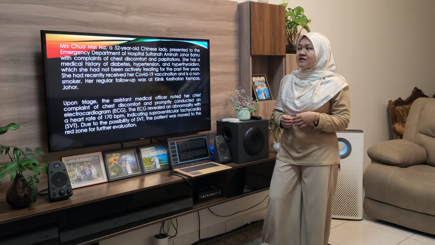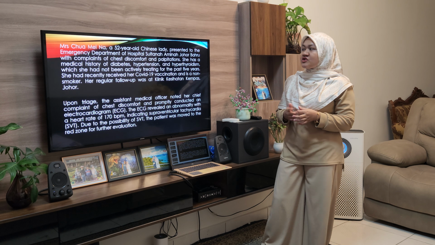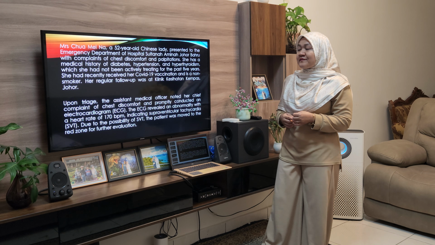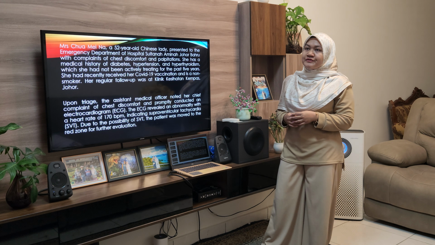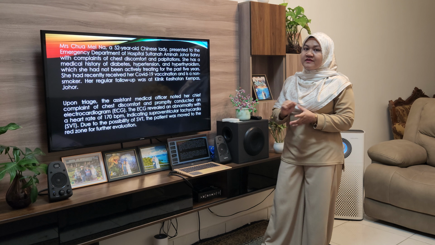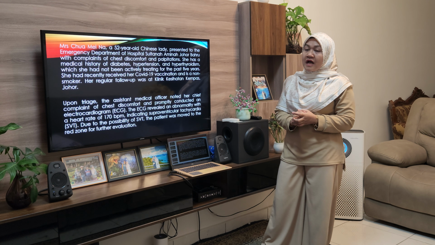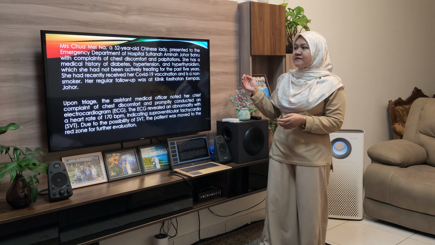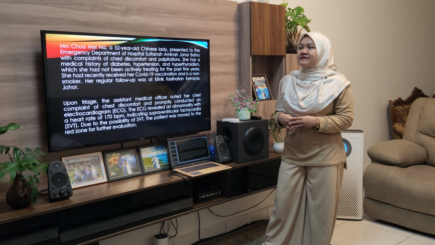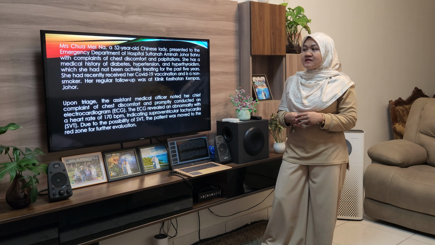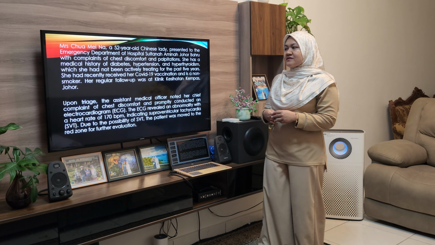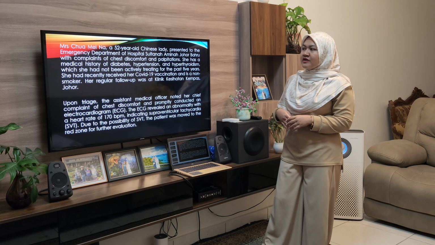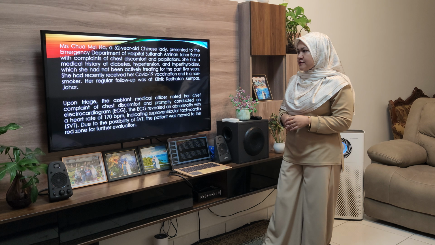She has a medical history of diabetes, hypertension and hyperthyroidism, for which she had not been actively treated for the past 5 years, which means she missed her medication for 5 years, and she came with all these symptoms. She had recently received her COVID-19 vaccination and is a non-smoker. She has regular follow-up at Klinik Kesihatan Kempas Johor Bahru for her diabetes and hypertension.